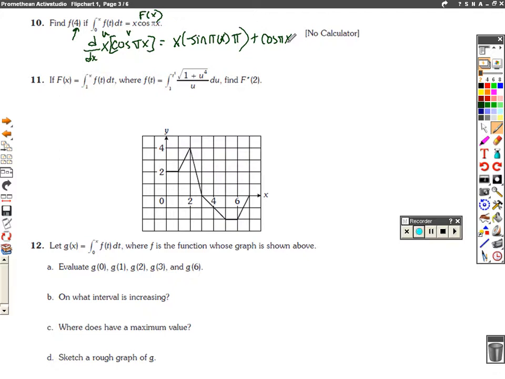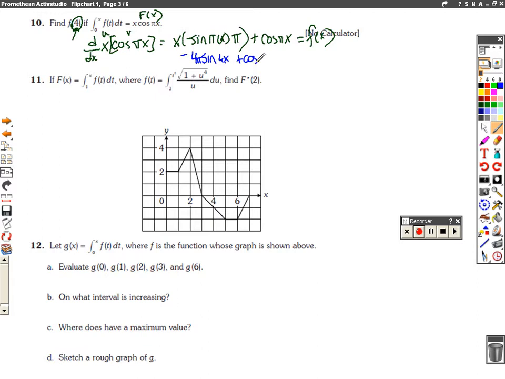Okay, and now we're going to plug 4 in for all of our x's, because this will be f of x. That's what this really is, f of x. Let's plug it in. There's a pi right here too.